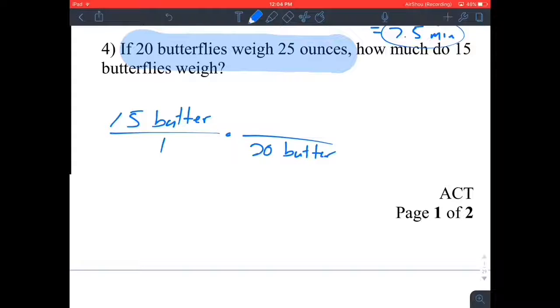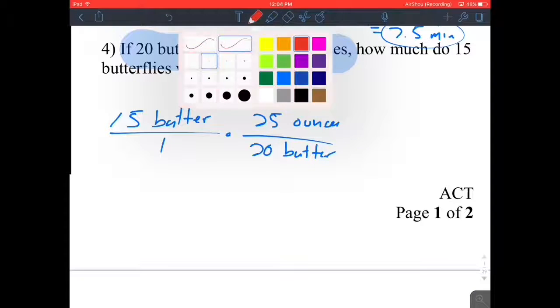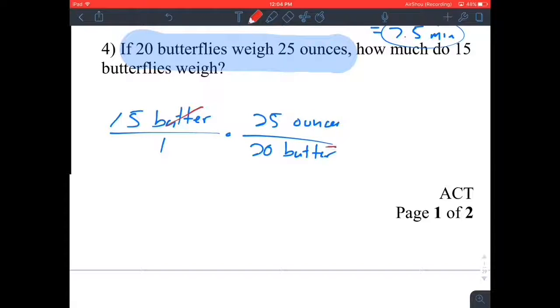That's going to go on the bottom. I got 25 ounces on top. Butterflies cancel. If you put this in your calculator, multiply the top numbers and divide by the bottom, you get 18.75 ounces.